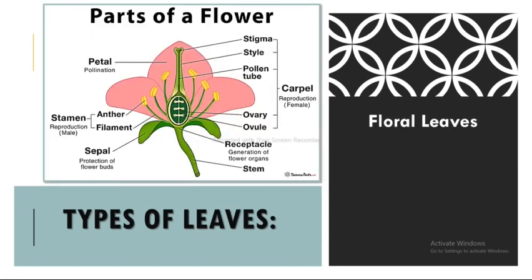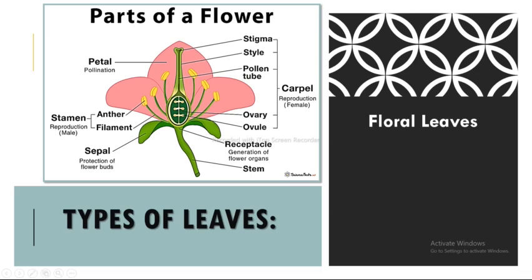Next are the floral leaves, a modified and specialized form of the leaves. You can see in this figure that these are the different parts of the flower. First part is the petal, and the petal is mostly concerned with pollination, and the next is the stamen.